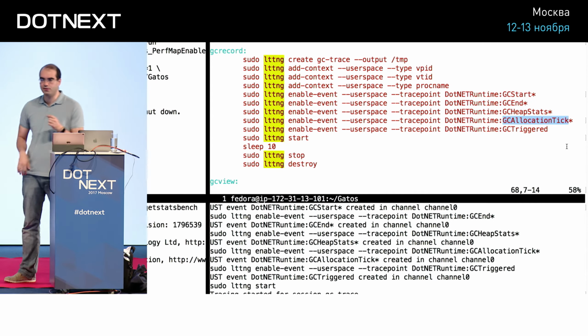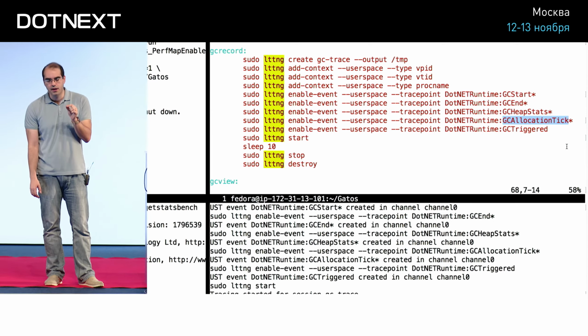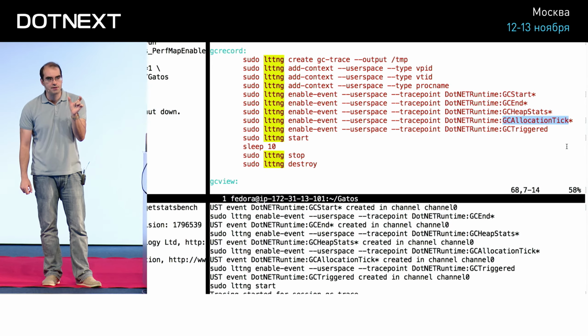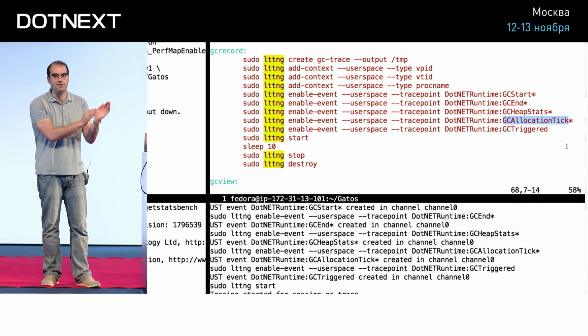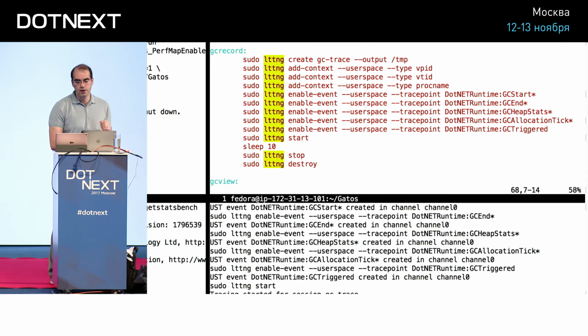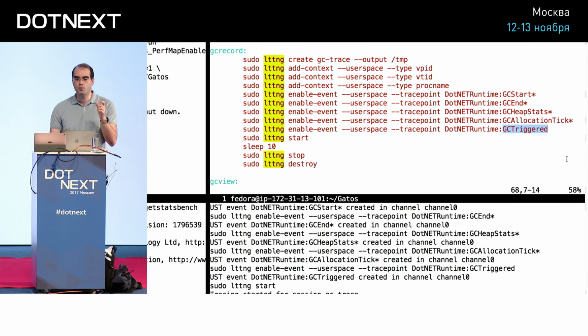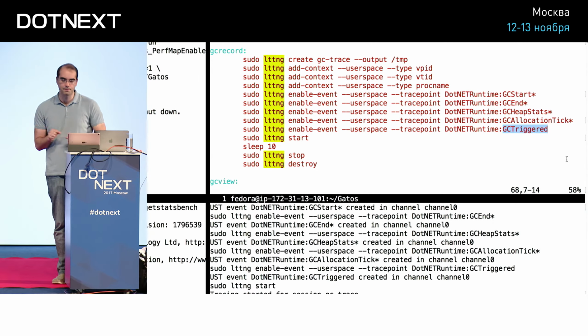GC allocation tick, which is an event that gets generated every 100 kilobytes of allocated memory. So it's like sampling for memory allocations: not every allocation, but every 100 kilobytes of allocations, I get an event. And lastly, we have GC triggered, which is for when you call GC collect. When you force a garbage collection, we also want that event to be recorded.